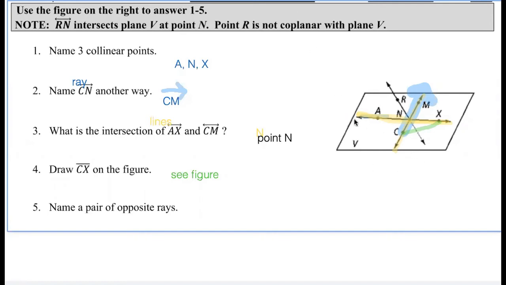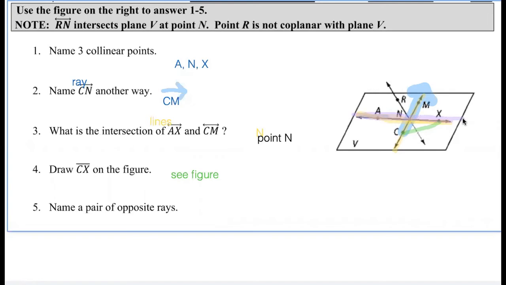And let's look at the ANX line. Make it a little bit more visible. Okay, so you should see that highlighted in purple.